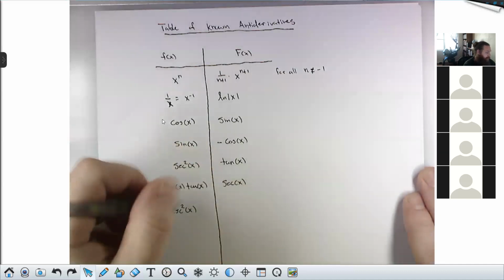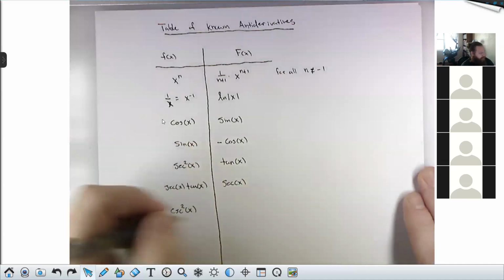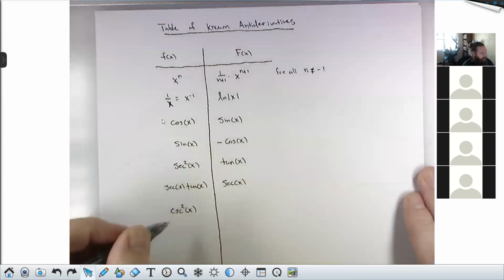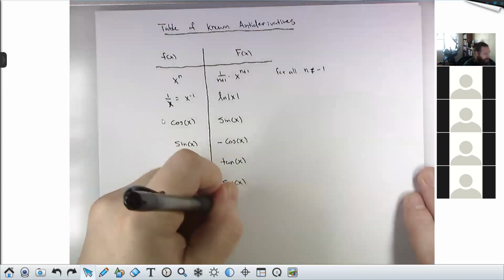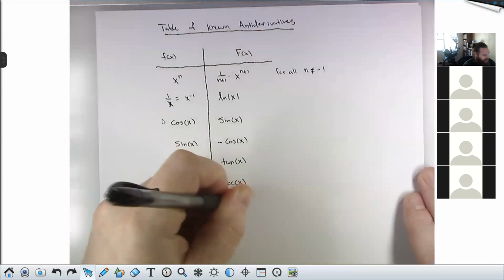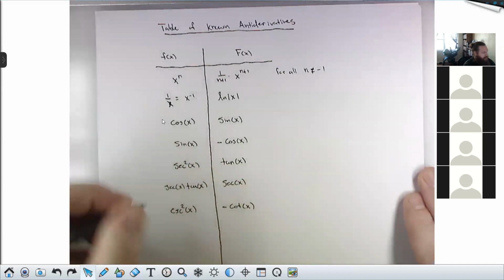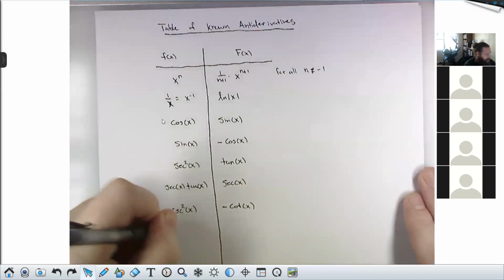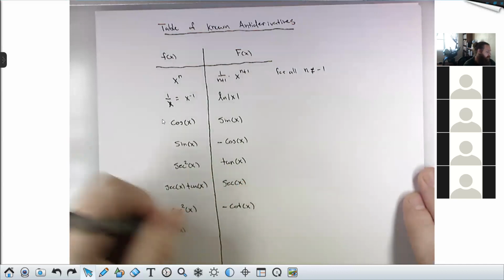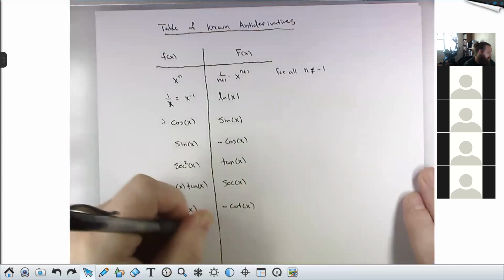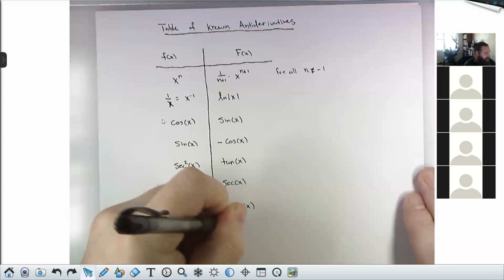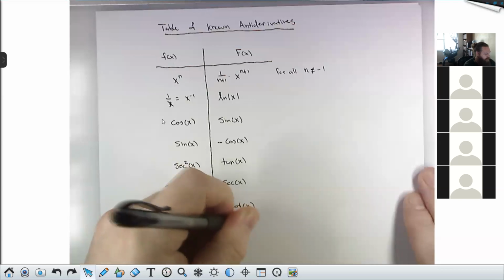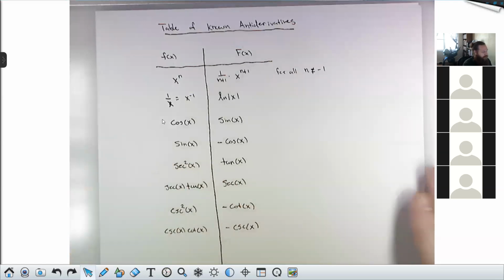So the antiderivative for negative cosecant squared would be cotangent. So the antiderivative for cosecant squared would be negative cotangent x. And similarly, if we talk about cosecant x, cotangent x, this guy's antiderivative is negative cosecant x. And that gets the power functions and trig functions out of the way.